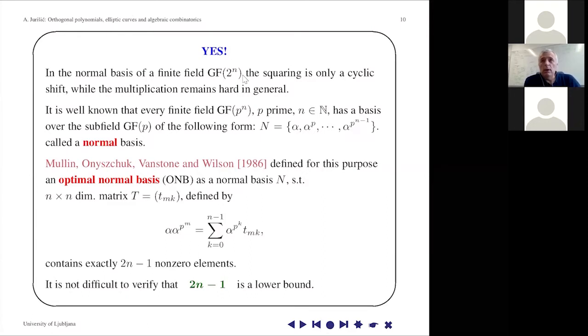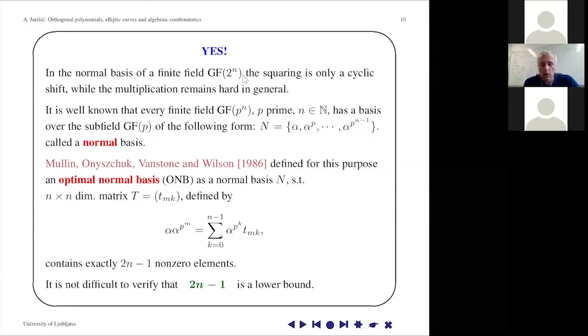In the normal basis, when you take to the power p, the basis representation and the coefficients just cycle by one place. So it's basically a cyclic shift in this basis.